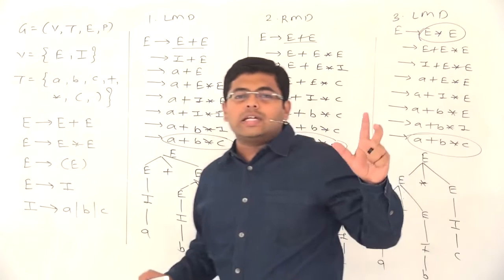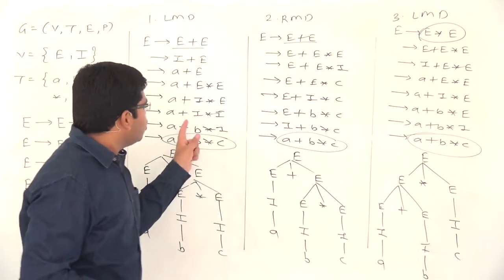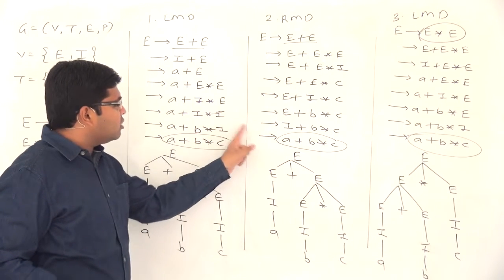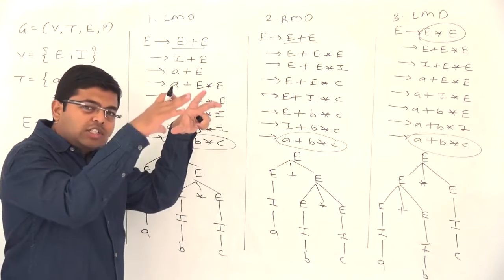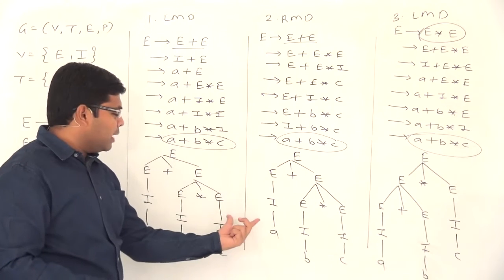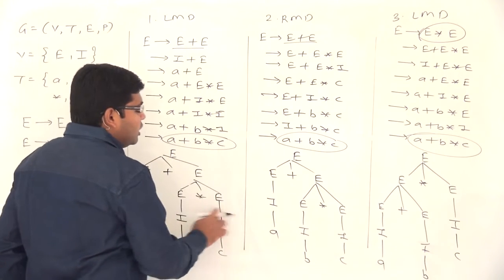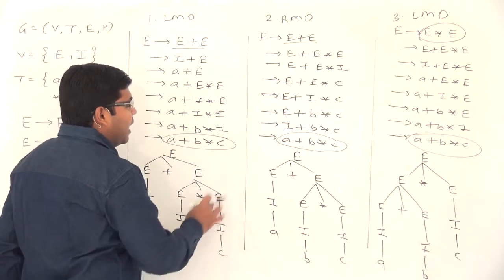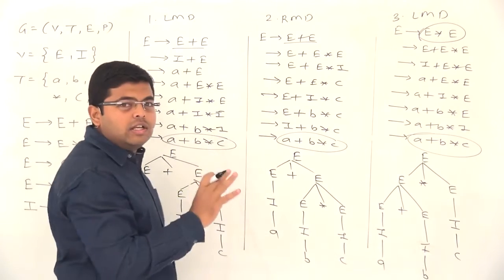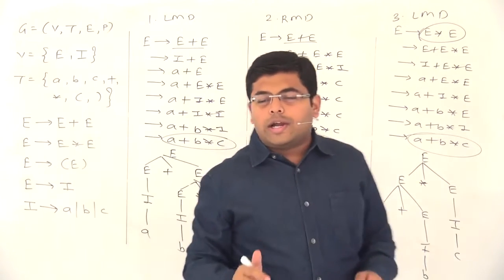So as I mentioned in the last session, even though the order of replacement may be different, the structure of that particular derivation will be given by the derivation tree. And therefore, because the derivation trees are the same, I will say that these two derivations are structurally the same.